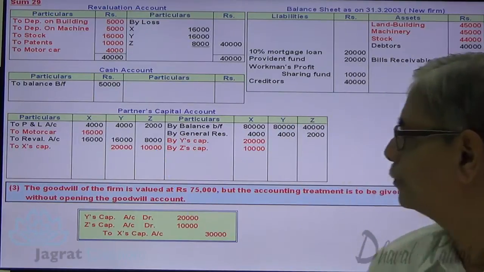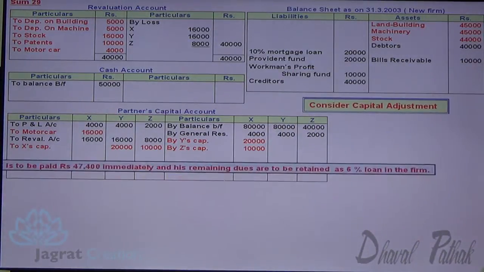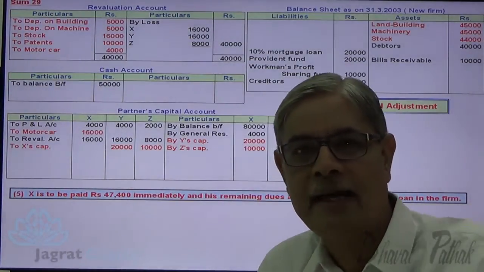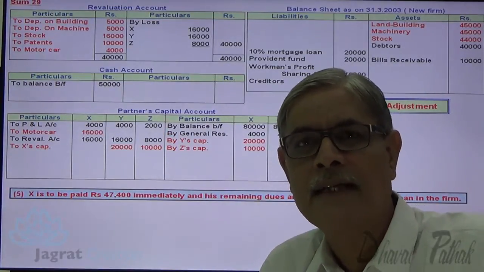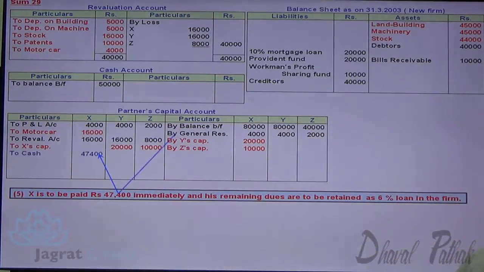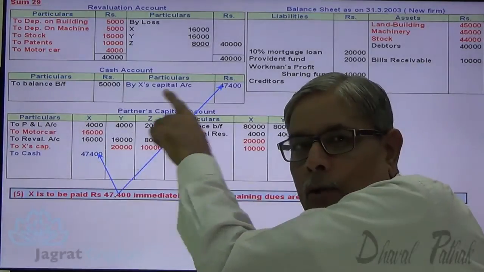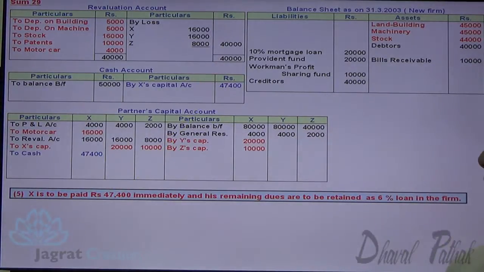Next is capital adjustment. X is to be paid 47,400. X is the receiver. Debit the receiver. X capital account debit 47,400 to cash account credit. And the remaining is to be retained as 6% loan.